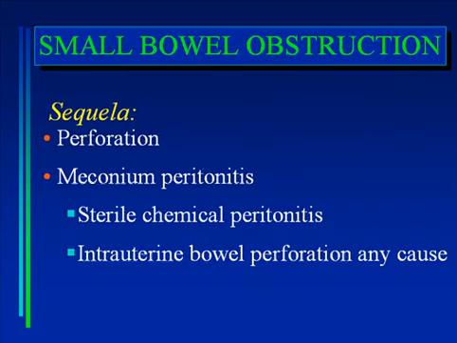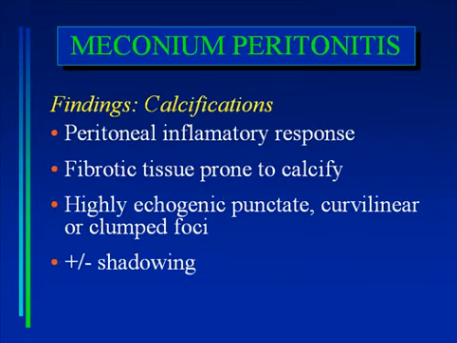Now, in some fetuses with small bowel obstructions, one of the sequelae is perforation of the bowel, and if the bowel perforates, this can lead to meconium peritonitis. Meconium peritonitis is a sterile chemical peritonitis that can occur with intrauterine bowel perforations of any cause. The most characteristic finding of meconium peritonitis is to see calcifications in a peritoneal distribution.